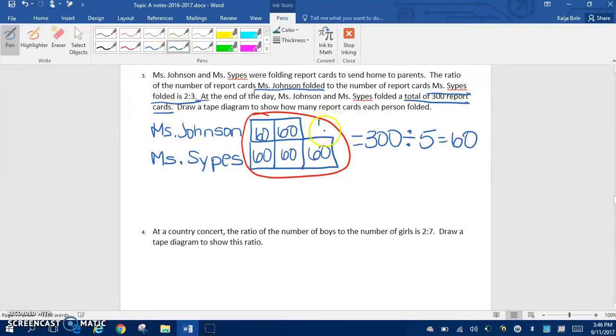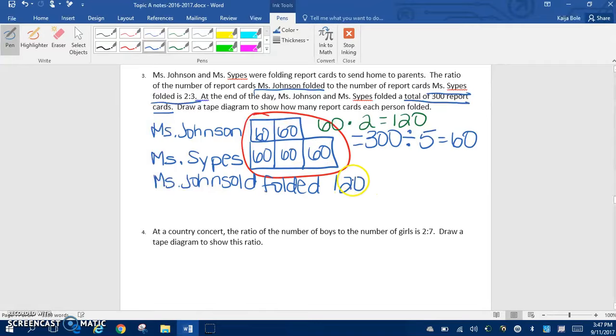So now we have to figure out how many Miss Johnson folded. So there's 60 in each box, times 2 for the 2 boxes, and 60 times 2 is 120. So Miss Johnson folded 120 report cards.